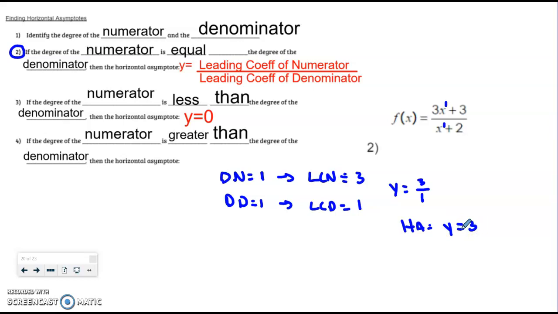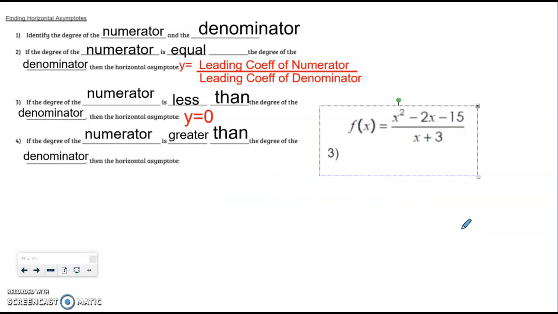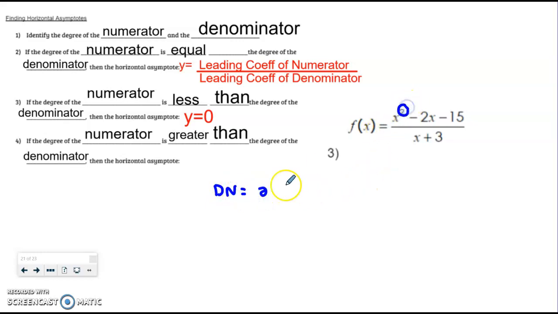Let's look at a couple other ones. So in this case, I have x squared minus 2x minus 15, and that's going to be divided by x plus 3. So the degree of my numerator is 2. That is the highest power. The degree of my denominator is going to be 1.